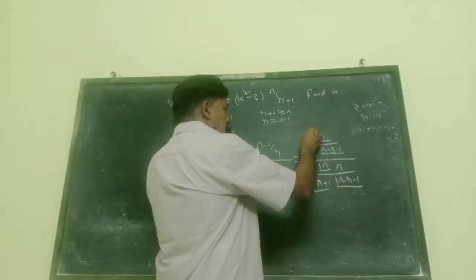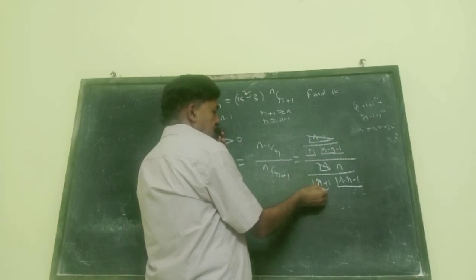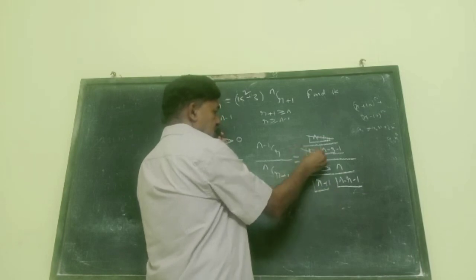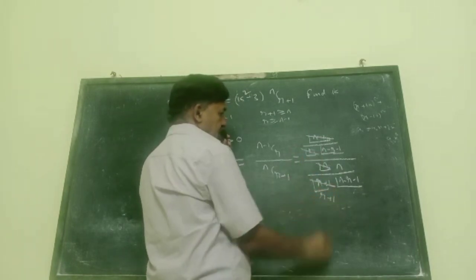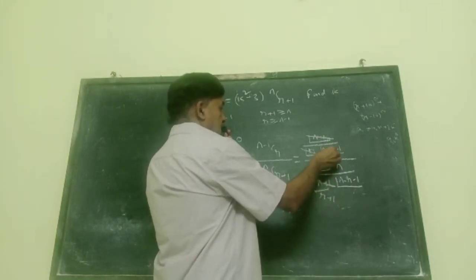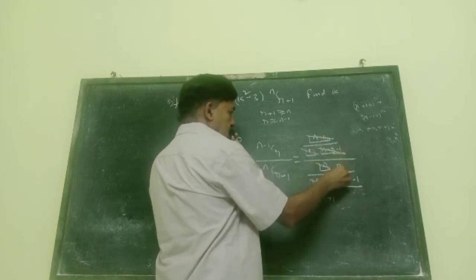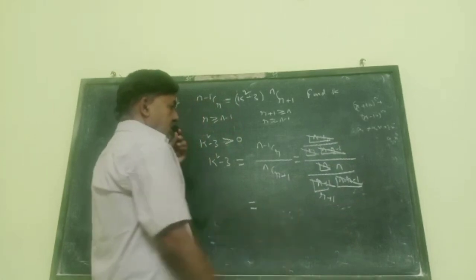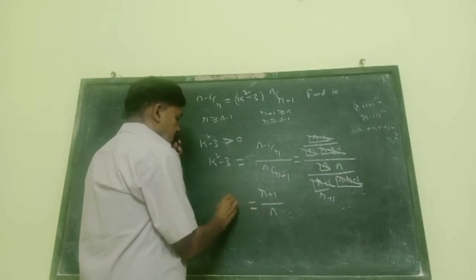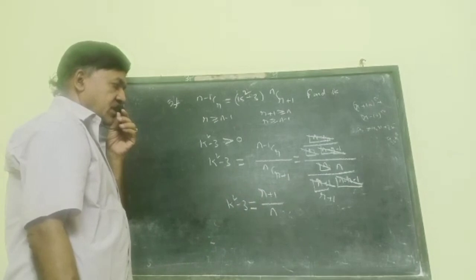So you will get n here, it will cancel like this. Factorial r plus 1 is r plus 1 into factorial r. So you will get r plus 1 like this. Okay, understood? Now, n minus r minus 1, n minus r minus 1, these two will cancel. Okay, follow? So finally you are going to get r plus 1 by n. So k square minus 3 is equal to r plus 1 by n.